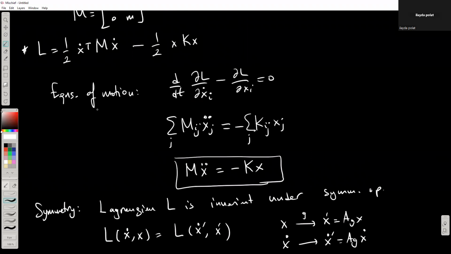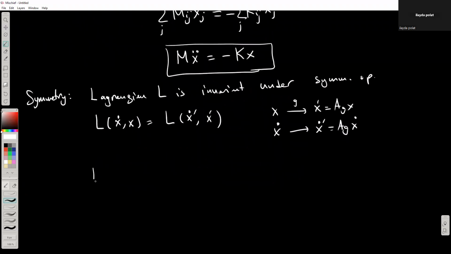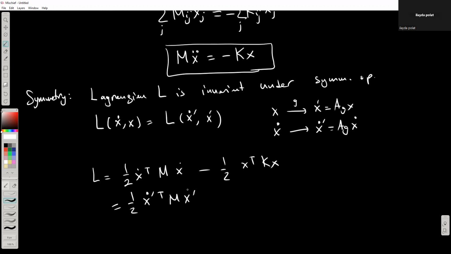And you just need to look at this expression in here. So the Lagrangian is 1/2 of x dot transpose m x dot minus 1/2 of x transpose kx. This should be equal to x prime dot transpose m x prime dot minus 1/2 of x prime transpose k x prime.